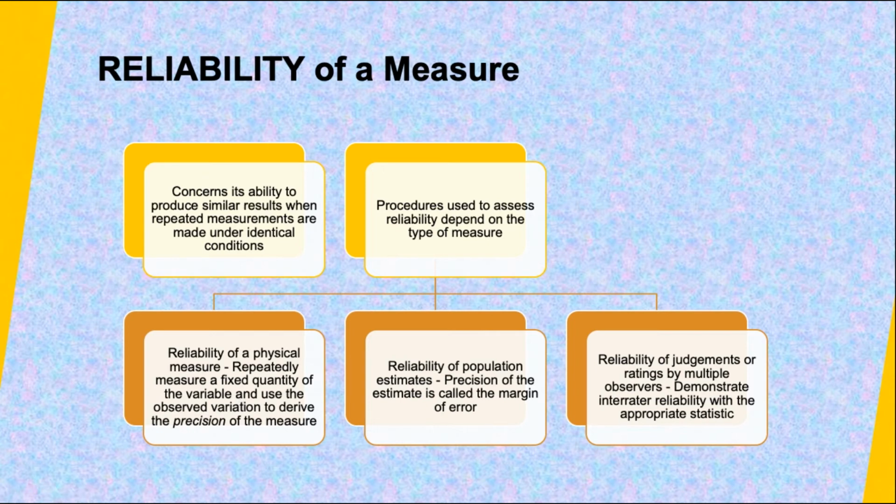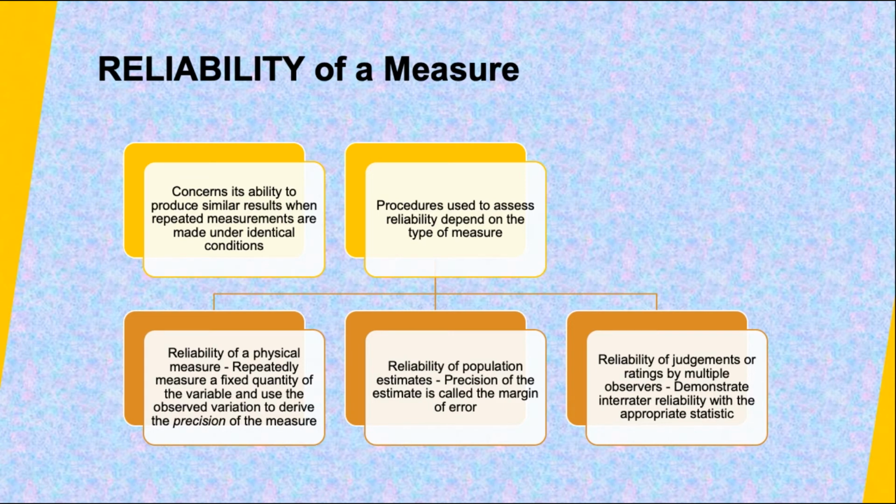Here you assess the reliability of a measure of a physical variable, such as height or weight, by repeatedly measuring a fixed quantity of the variable and using the observed variation in the measured variable to derive the precision of the measure, which represents the range of variation to be expected on repeated measurement.